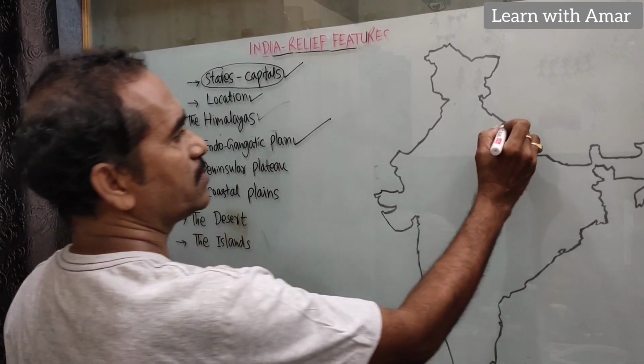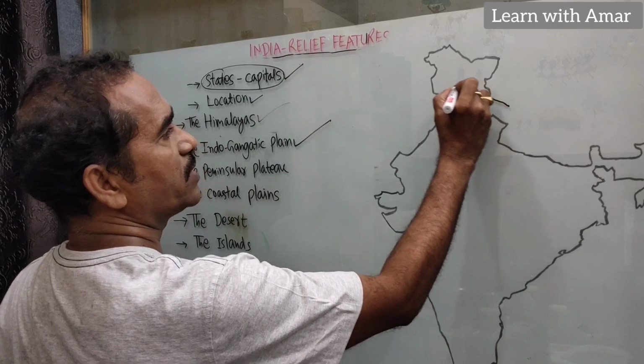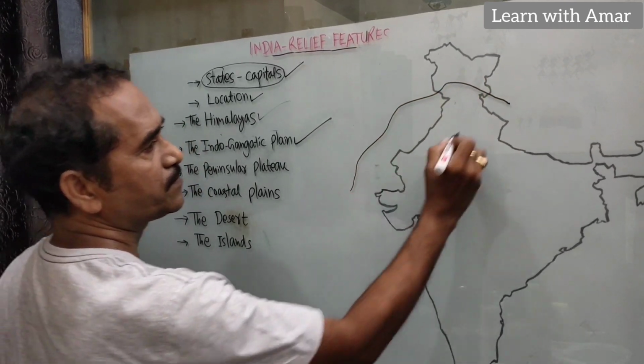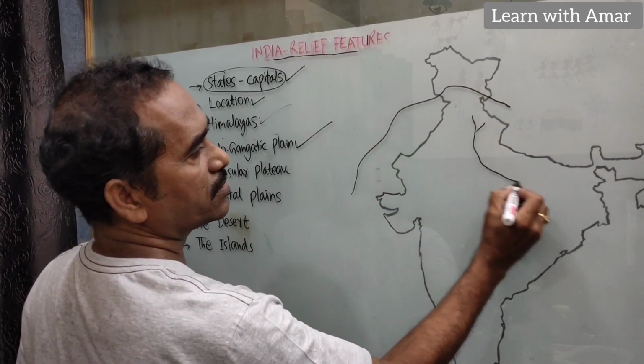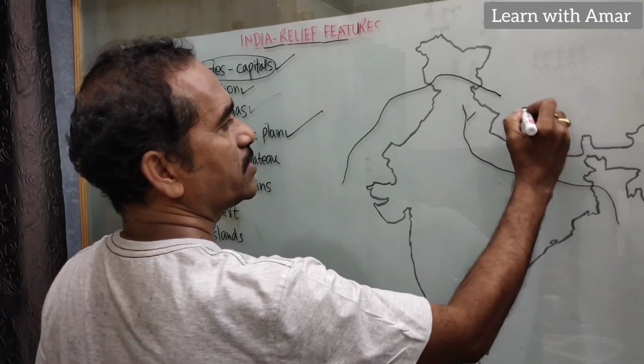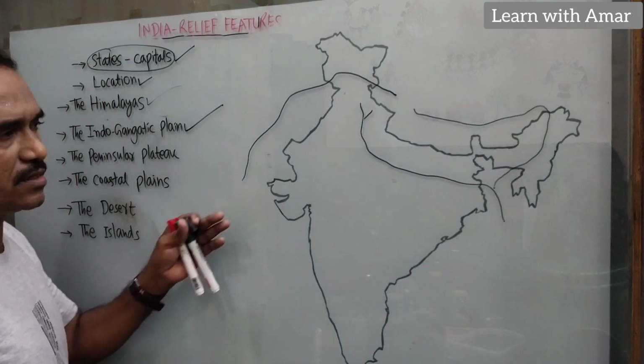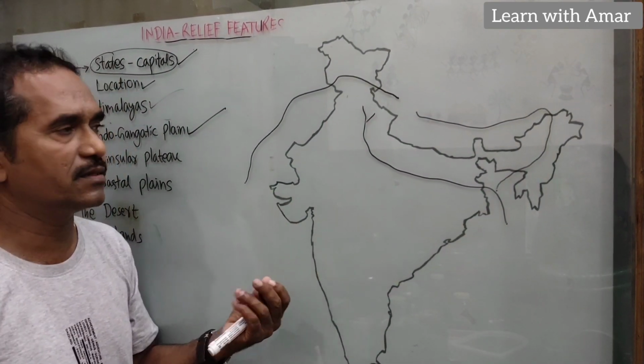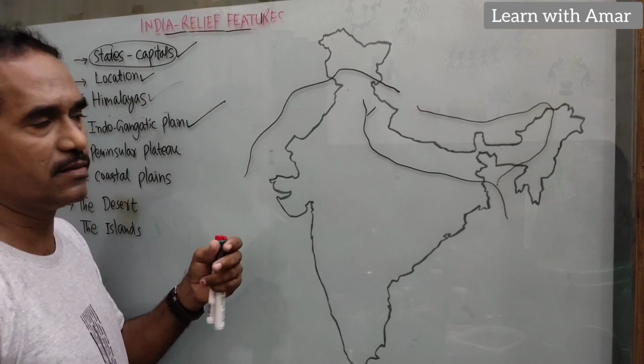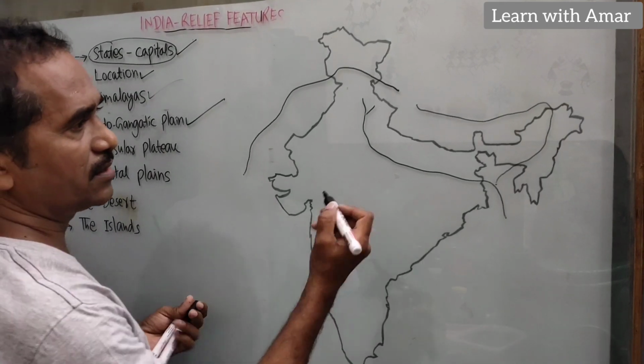Already we know the three major Himalayan rivers: Indus, this one Ganga, and this one Brahmaputra. We discuss rivers and tributaries in detail in another lesson.